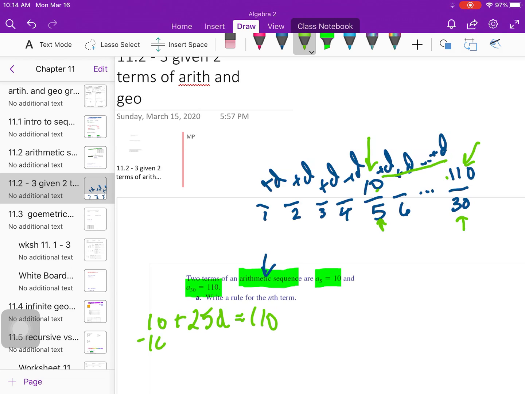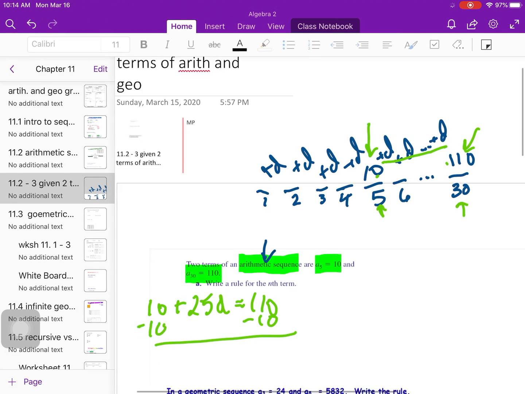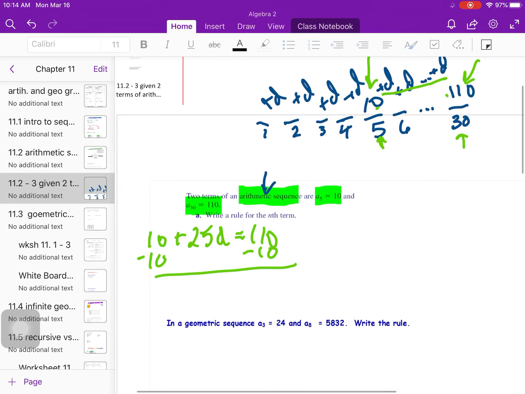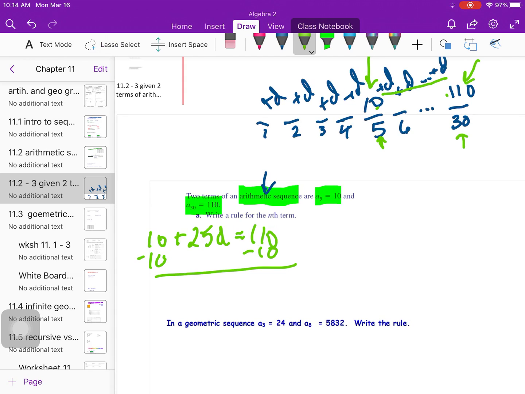If I solve that, I subtract 10, and I get 25d equals 100. Divide by 25, and I get d equals 4.